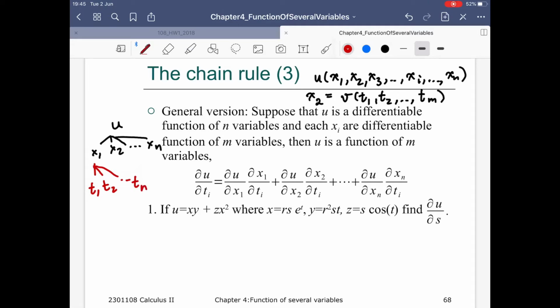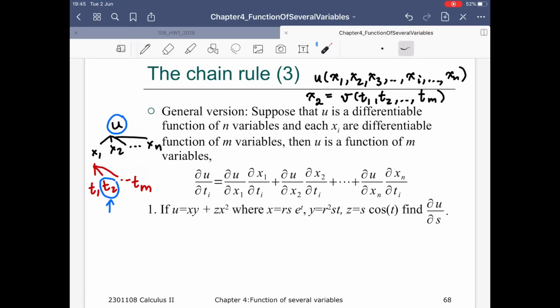So if you want to find a derivative of u with respect to some of the final variable, for example t2, then you need to go through your x1 as well as your x2 as well as your x3 and then up to xn.